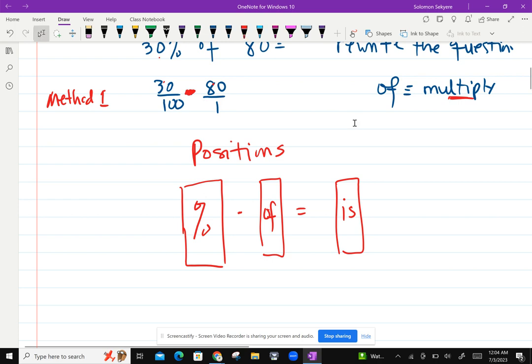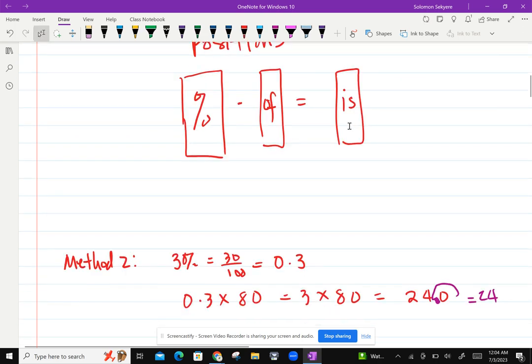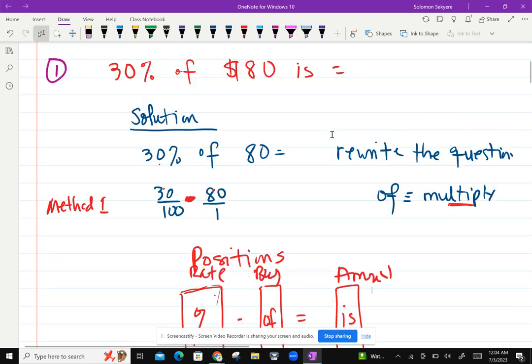In all these exercises, the first position is percent, which is the rate, then of, which is the amount or the base, call it the base. And then is goes over here.